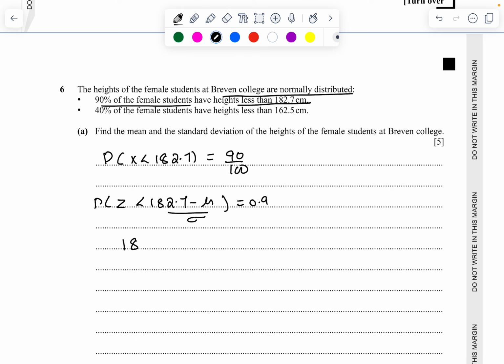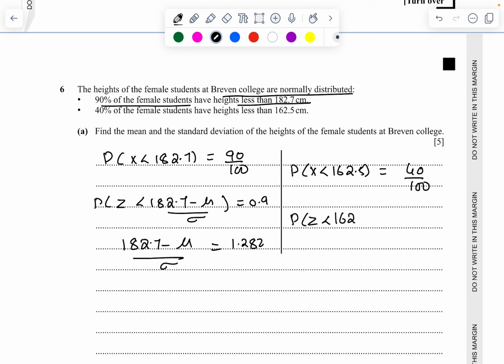So (182.7 minus mu) by sigma equals 1.282. And 40% have height less than 162.5. Probability of x less than 162.5 equals 40 upon 100.